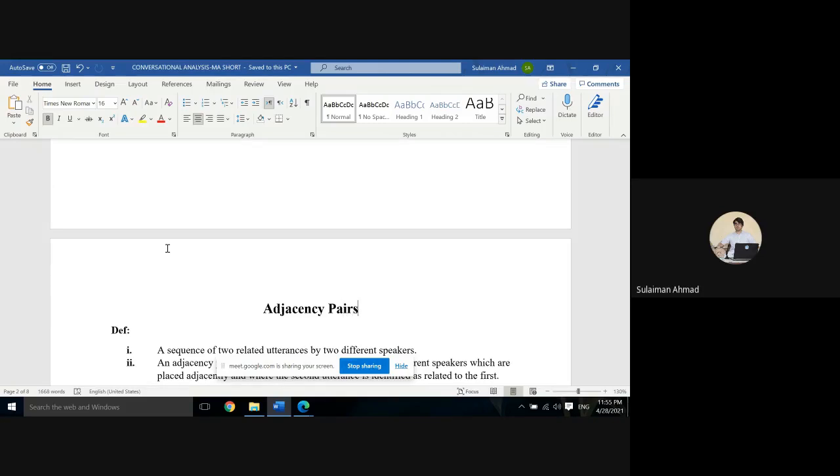So adjacency pairs means a pair of two closely occurring utterances, or simply a pair of two close utterances. That is what we call an adjacency pair, right?